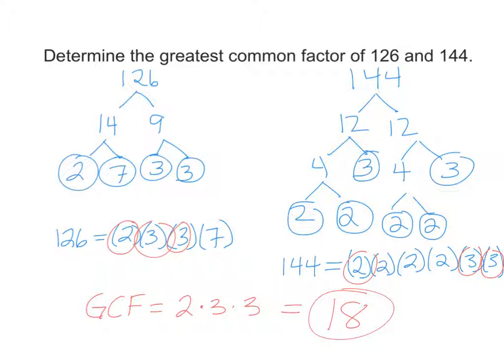That's the advantage of doing it this way, especially if you're working with big numbers. It ensures that you actually get not just a common factor, like 2 is a common factor, 3 is a common factor, 6 is a common factor, 9 is a common factor, but none of those are the greatest common factor. 18 is the greatest common factor.